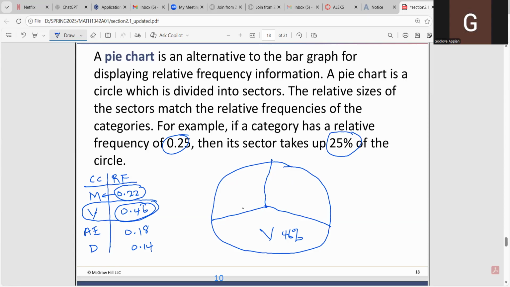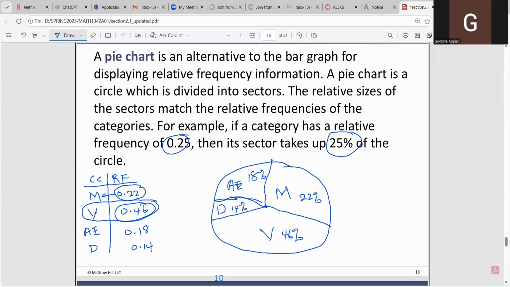This is the MasterCard category, and this corresponds to 22% of the data. The next largest is American Express, 0.18. Pardon my drawing. This is American Express, and that corresponds to 18% of the data. And then we have Discover here, which is 14%.